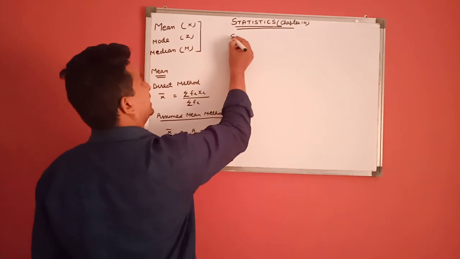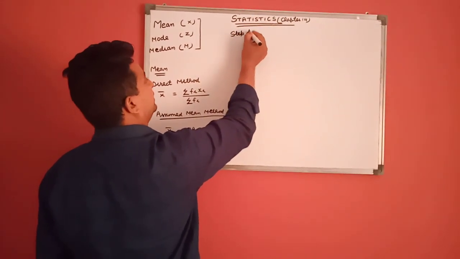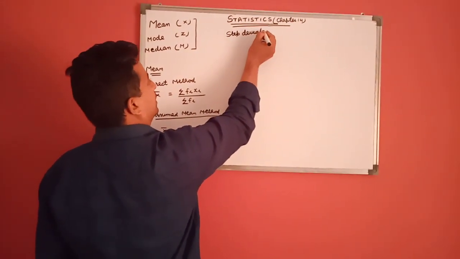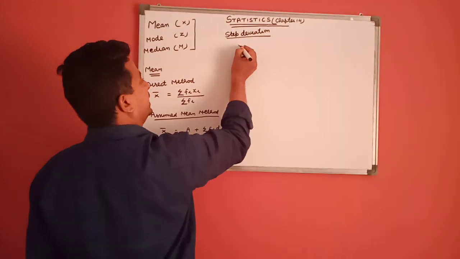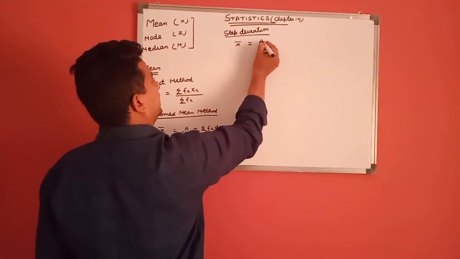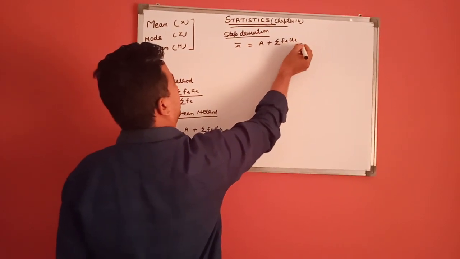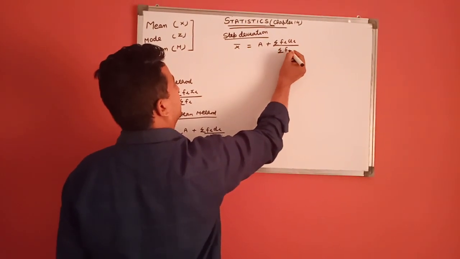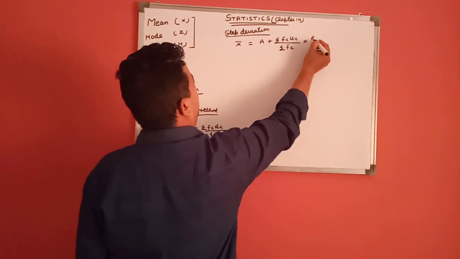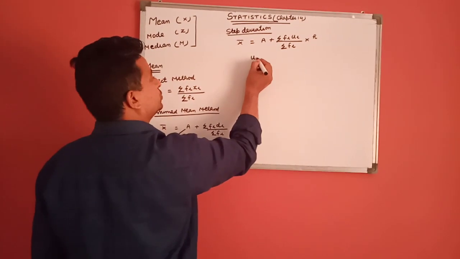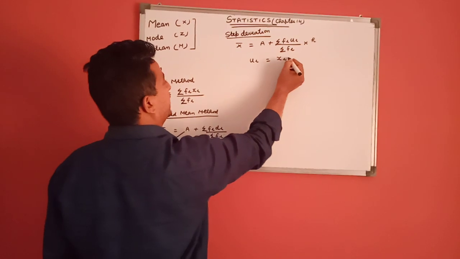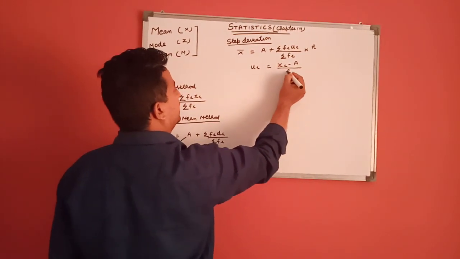The last one is step deviation. In step deviation, x bar is A plus summation fi ui upon summation fi, into h. Here ui is equal to xi minus A, divided by h.